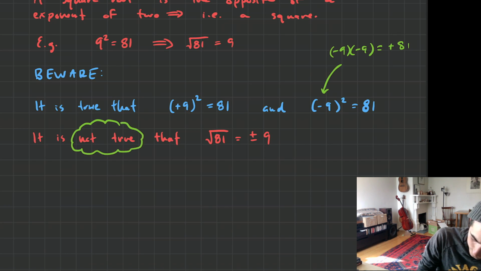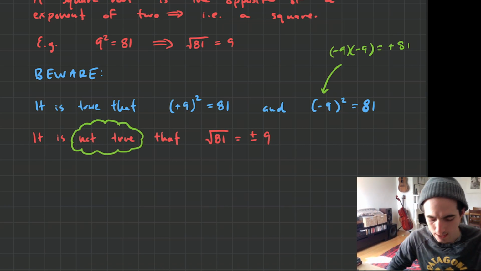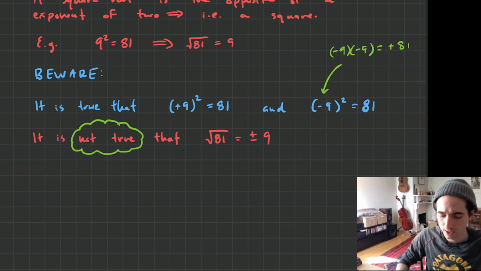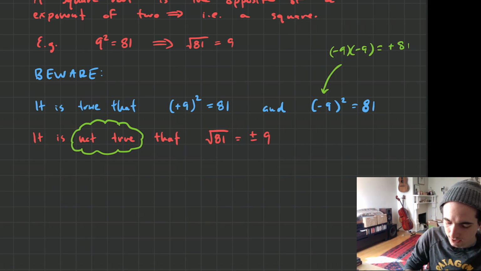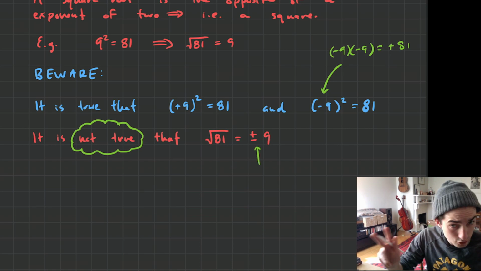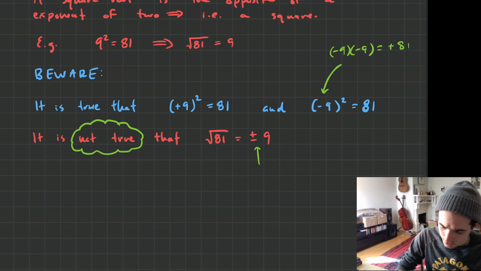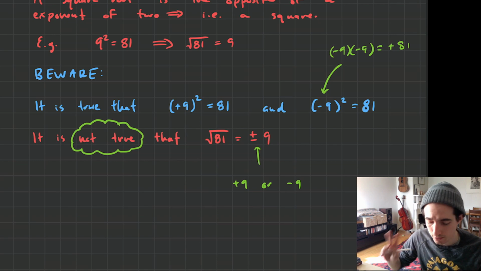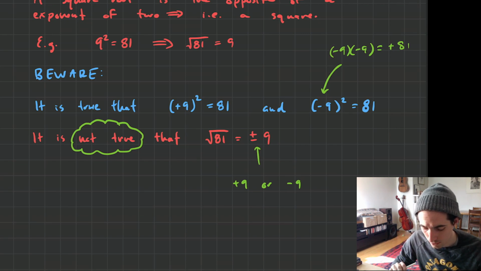And I always hesitate writing things that aren't true in my notes, because I'm afraid that someone is going to write it down and skip the not true part and just write, oh yeah, the square root of 81 is plus or minus 9. By the way, plus or minus 9 means two numbers. That's a shorthand way of saying plus 9 or negative 9, right? That there would be two values that make that true.